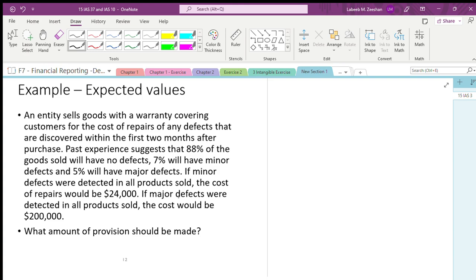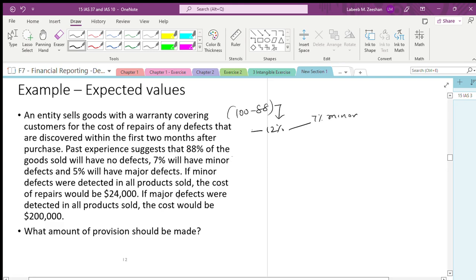Defective items will be only 12%, 100 minus 88. It comes to 12. 7% will have minor problems and 5% will have a major problem.